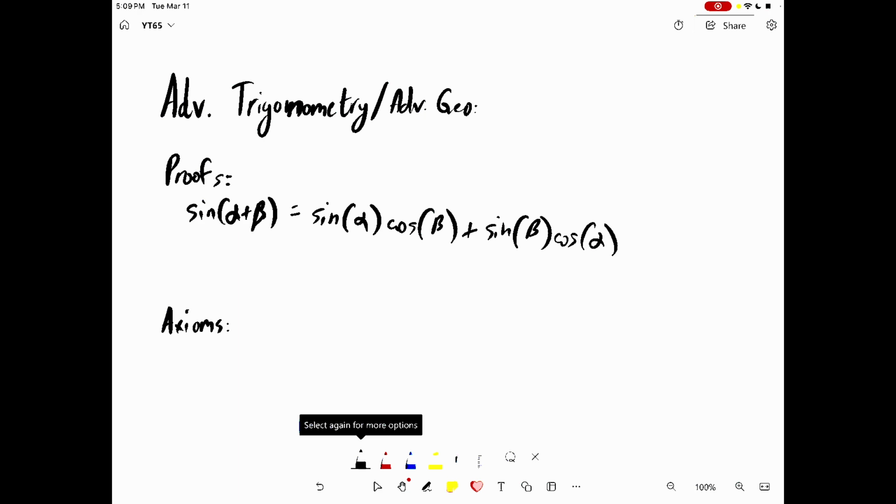Now, when you're using proofs, you also have axioms. Now, axioms are definitive statements which are true and often involve pretty complicated statements in part of number theory.